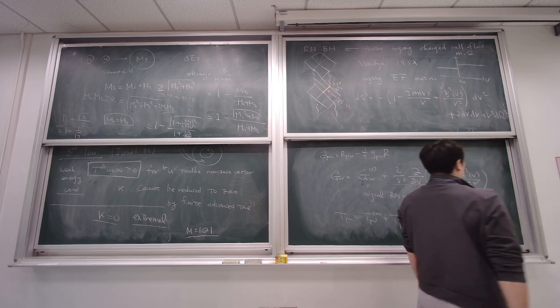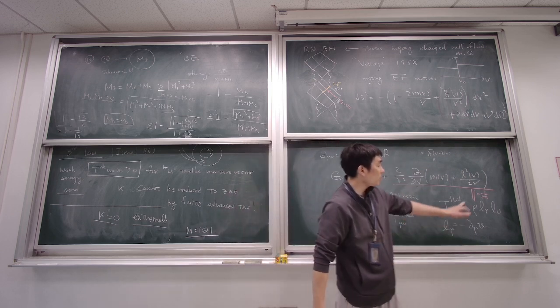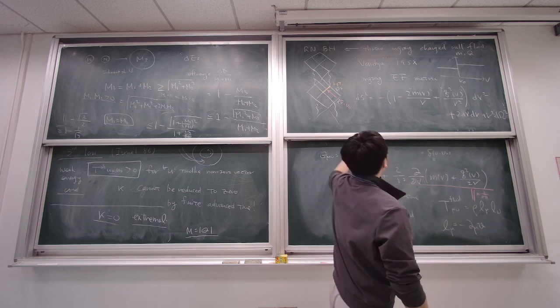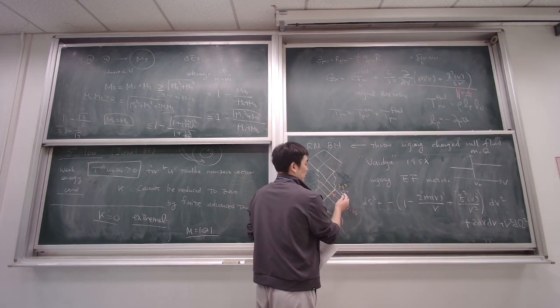You have to multiply by the Einstein equation. So this times 1/8 pi is equal to rho. L mu is just a vector, this vector.